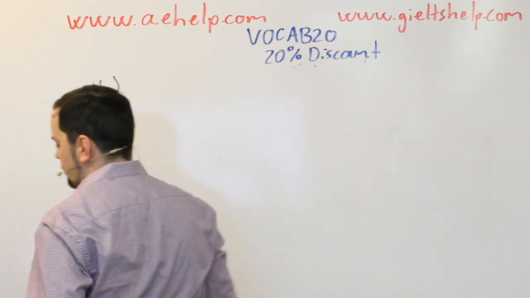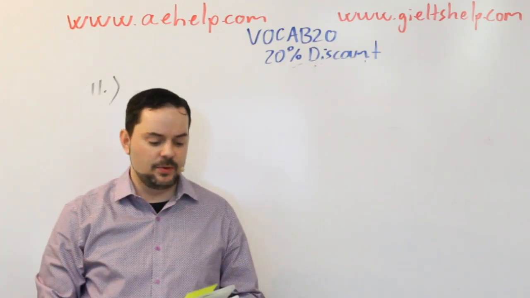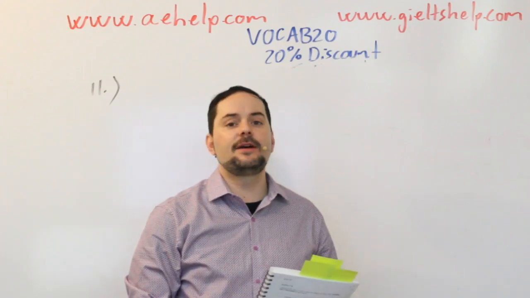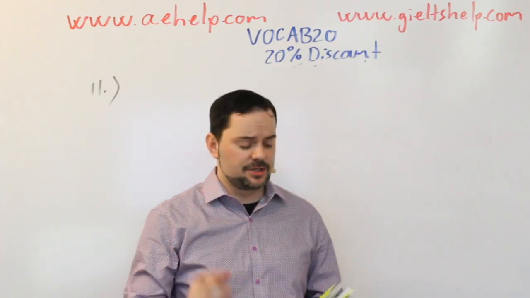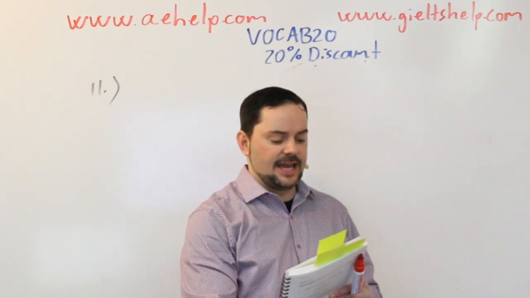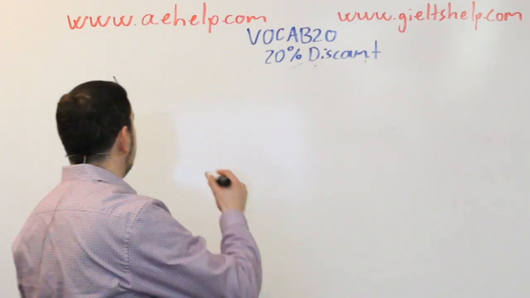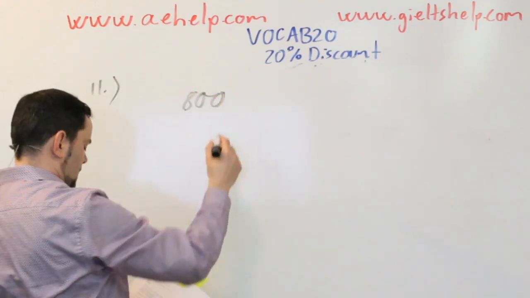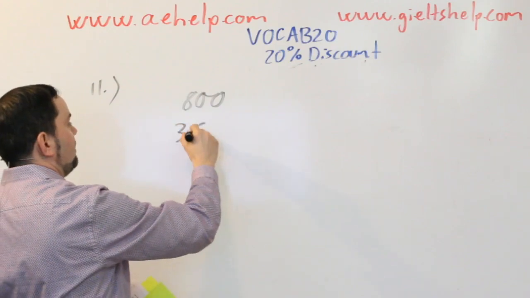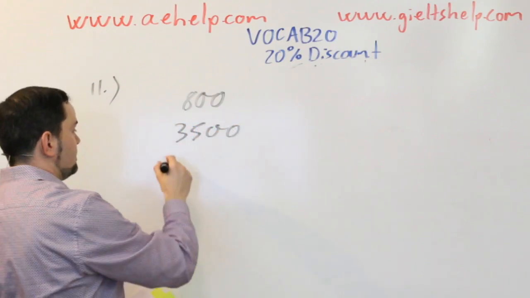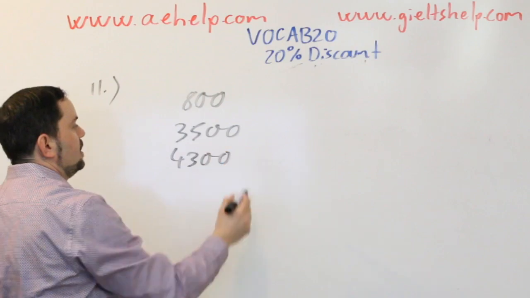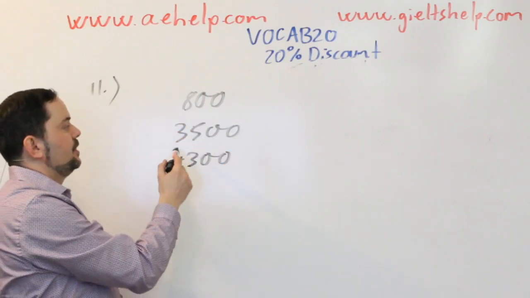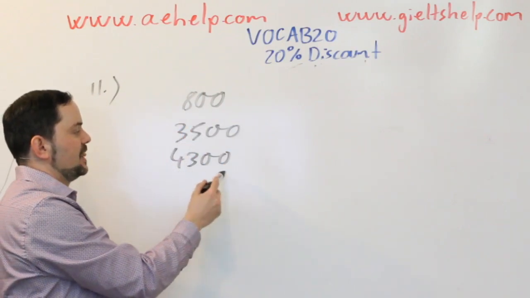And by the way, before we get to the next question here, we have some answers for 11. So if you're really good in IELTS and you're doing some really good paraphrasing, you see the answers for 11. It says 800, and it says 3,500, and it says 4,300. So we have 800, 3,500 and 4,300.